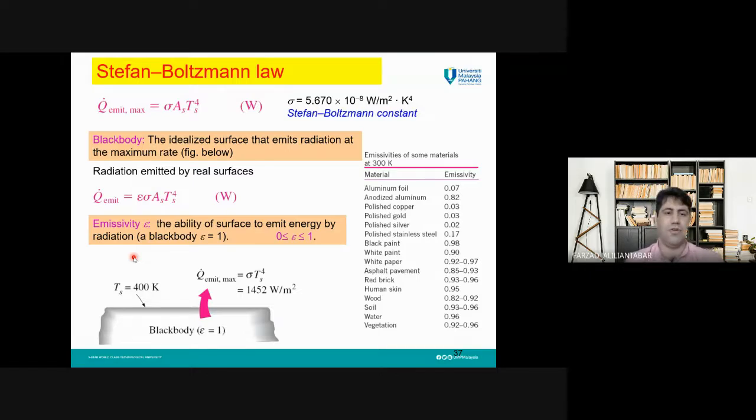If you expose both of these colors to the same source of radiation, the temperature of the black one will increase more compared to the white one.